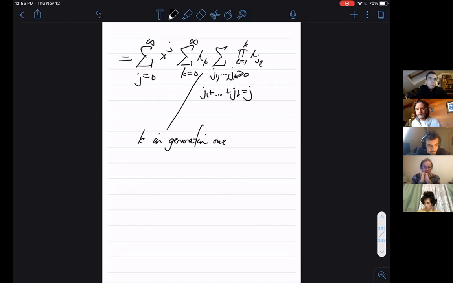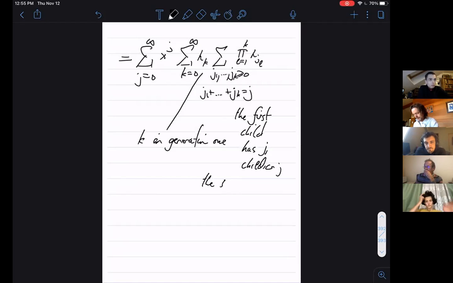k children. So they're sitting there at generation 1, and then they have to collectively contribute j children. So what happens is that the first child has j_1 children. The second has j_2, and so on. So the final one, the k-th, has j_k children.